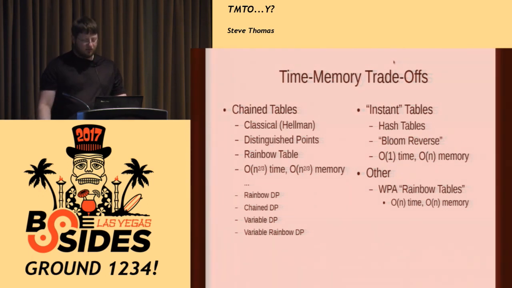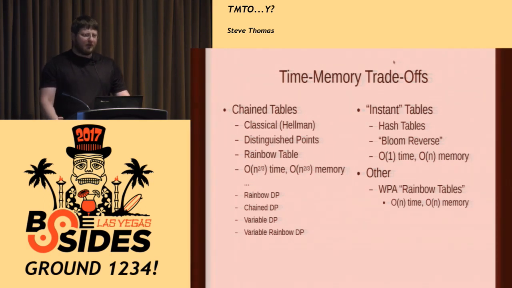These were all made after rainbow tables, but they didn't focus. Basically, you could make an optimal rainbow table, either smaller or faster, well, and both.